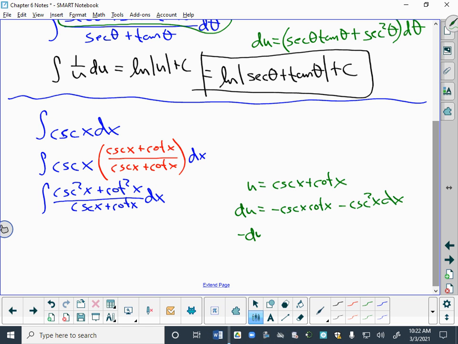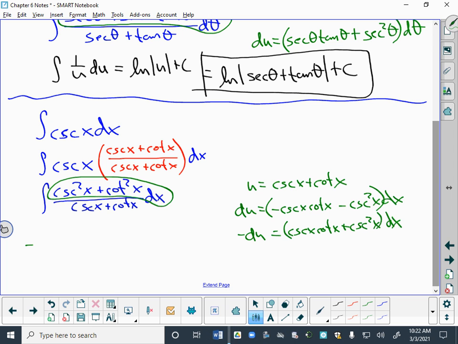So the opposite of du is cosecant x cotangent x plus cosecant squared x dx, which is exactly the negative of this.